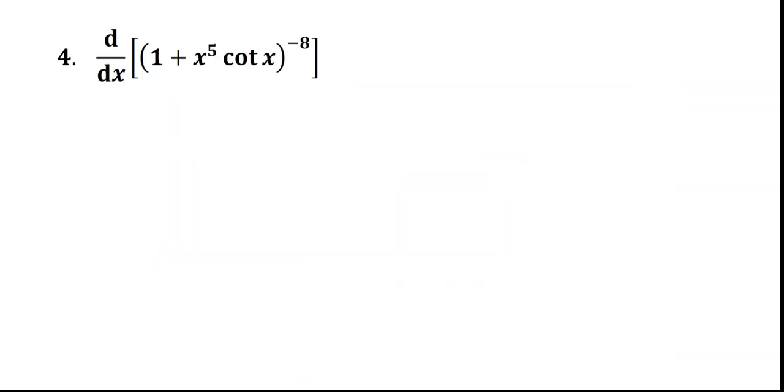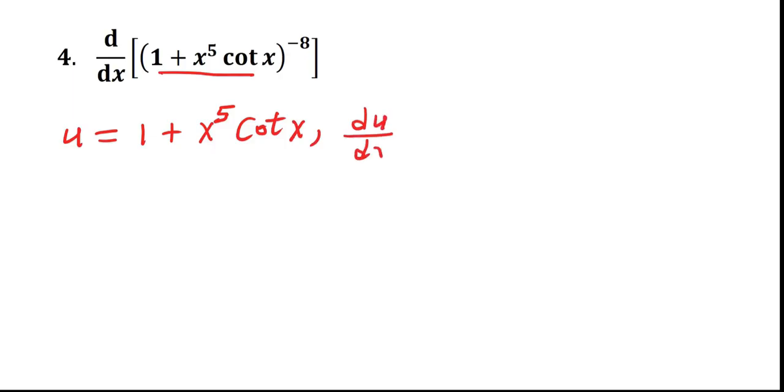All right, to solve this question, we also need to set this as u. So u is equal to 1 plus x to the 5th power cot x. So next we need to take the derivative of u with respect to x.